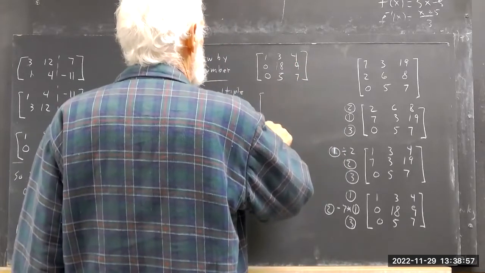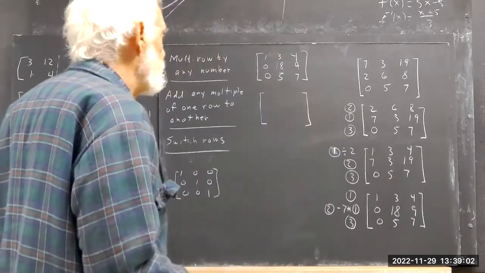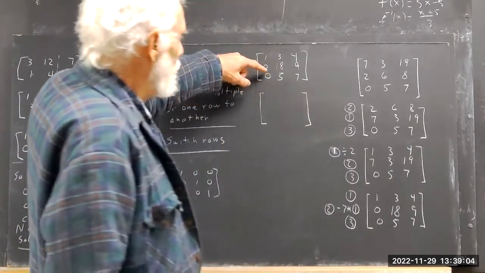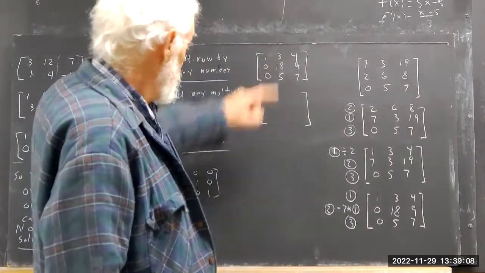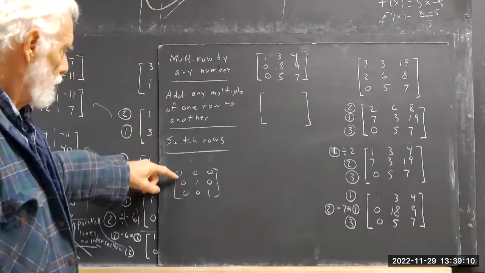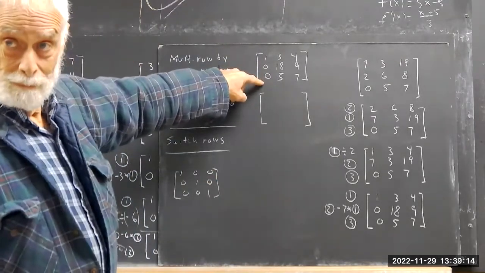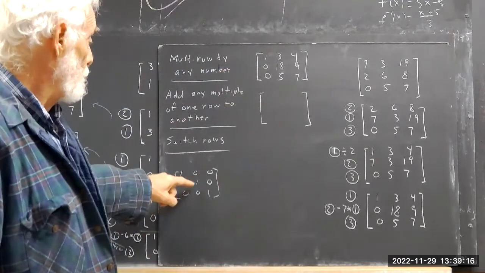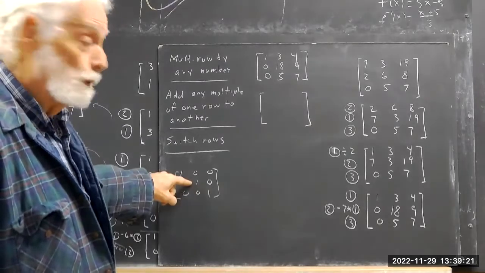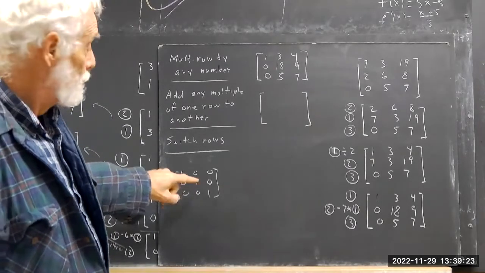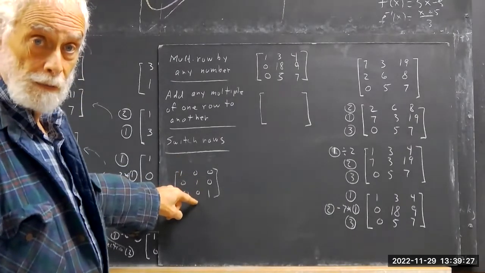Okay, now I'm just going to multiply my second row by 1/18. That's going to give me a 1 here because I've got my 1, 0, 0 column. Now I want to get a 1 here. And then I'm going to want to get a 0 here, but I want to get this 1 first, because once I've got a 1 here, it's going to make it easy to get a 0 here and here.